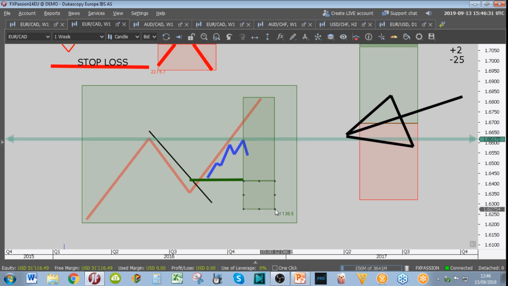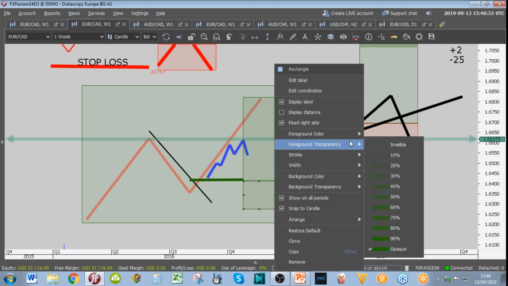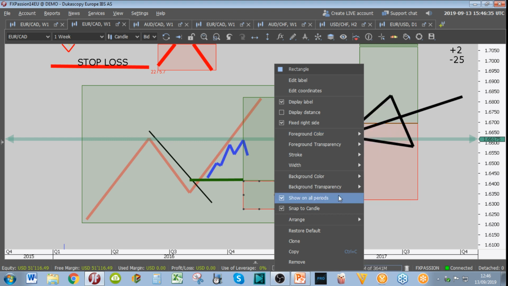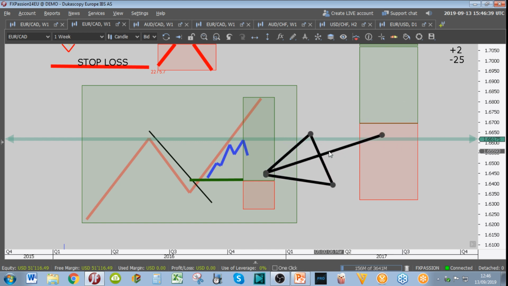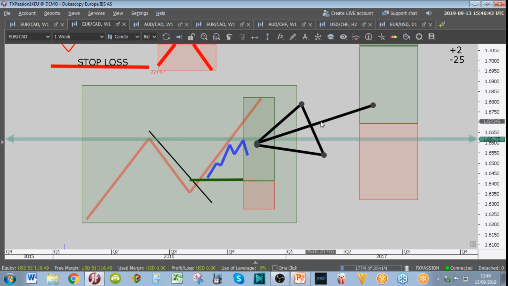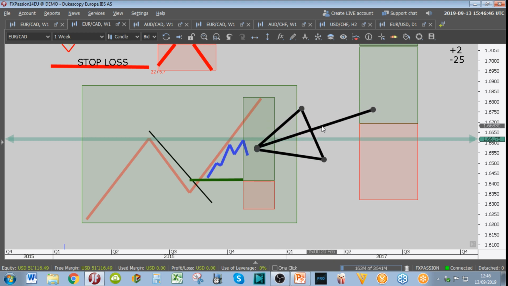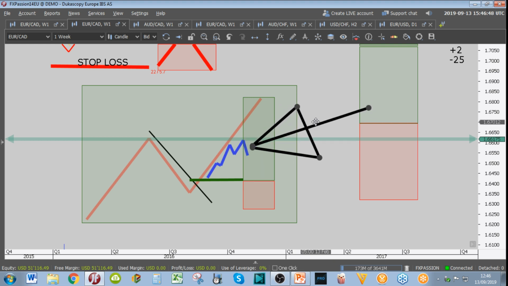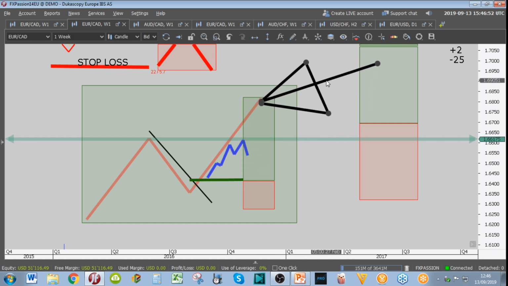You are going to hear from a lot of books, teachers, webinars: make a plan, trade your plan. This is the plan. This is the risk and this is the profit. So when you take your profits in between, your plan is not over, everyone. This is your plan until up in here.